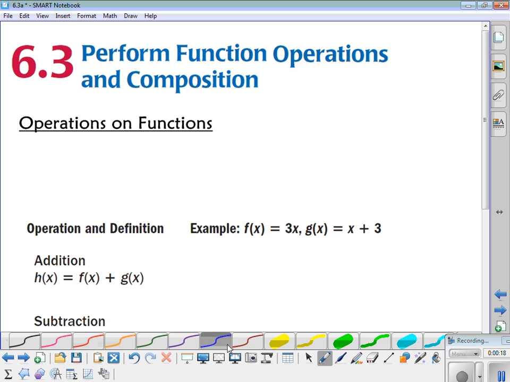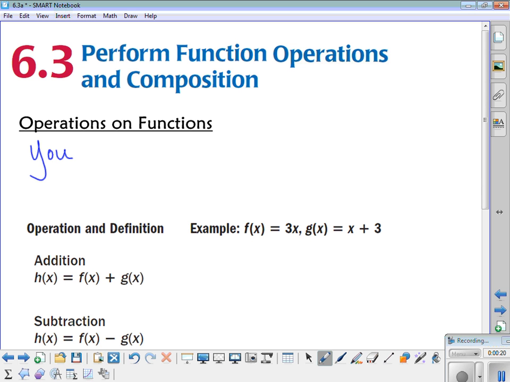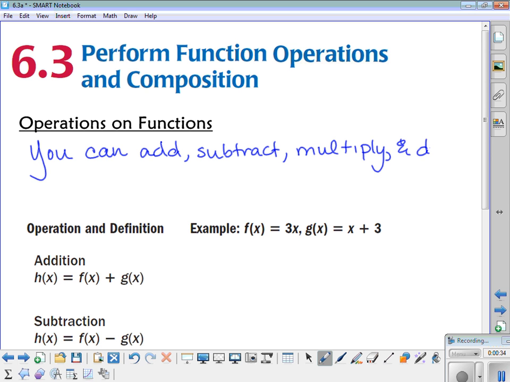Okay, well, you can do it with functions also. Okay, so just like we did with polynomials, we could do it with functions.